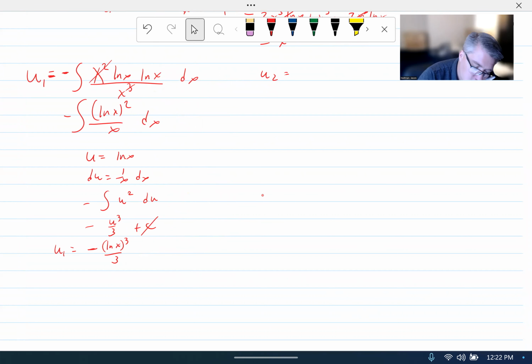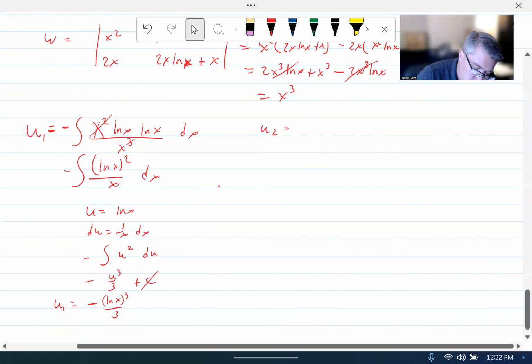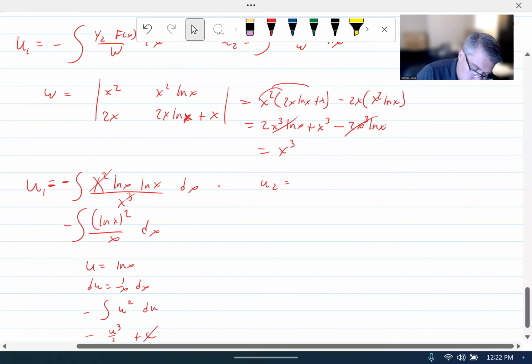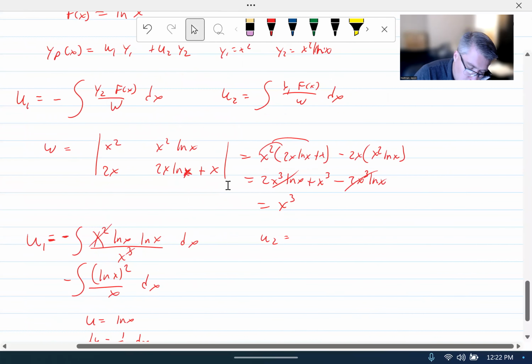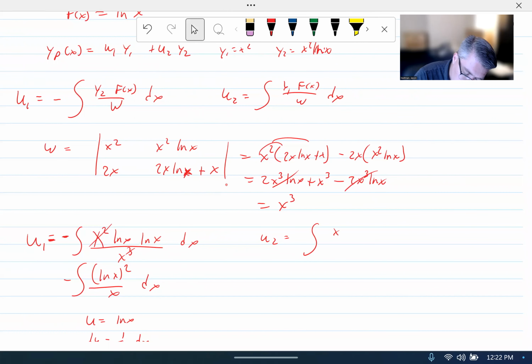U2 is equal to the integral of y1, which is just x squared, times f of x, which is that natural log of x, over x cubed, dx.